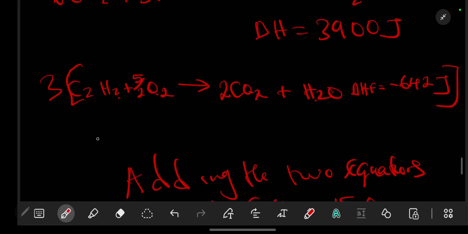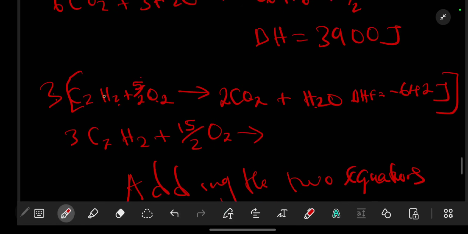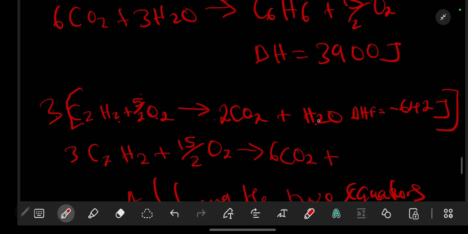So when we multiply by 3, it will be equal to 3C2H2 plus 15 over 2 O2, which will be equal to 3 times 2 is 6 CO2 plus our 3 times H2O is 3 H2O.